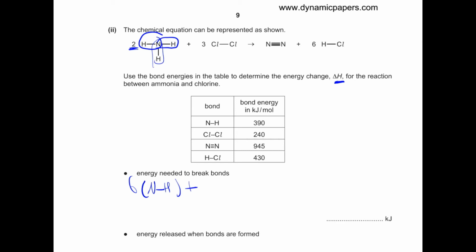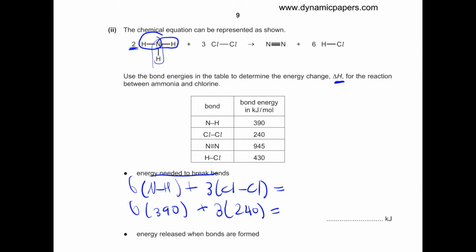So that's 3 multiplied by Cl, and that gives us the energy needed to break the bonds. So we're gonna plug in the values for NH bond and Cl bond. So that would be 6 multiplied by 390 plus 3 multiplied by 240, and that's equal to 3060 kilojoules.